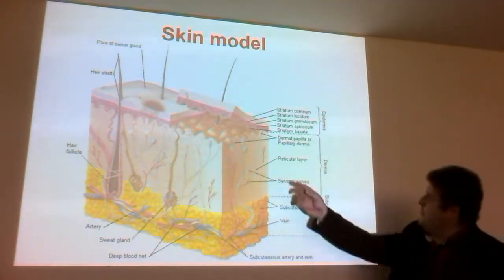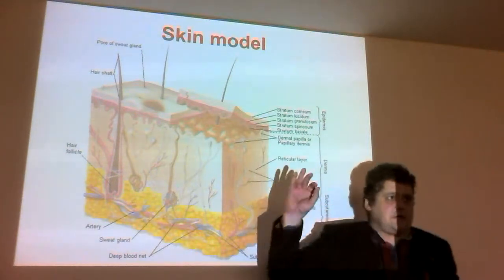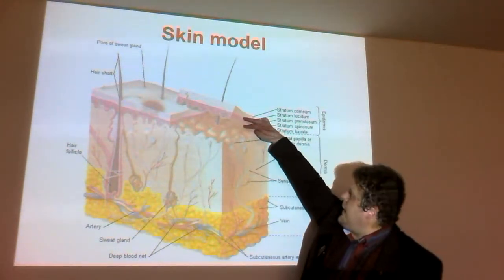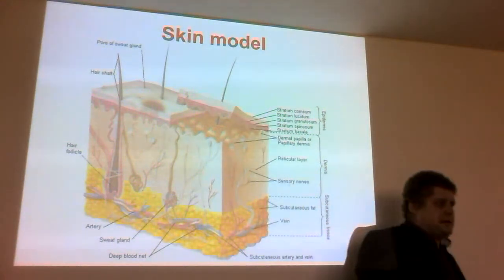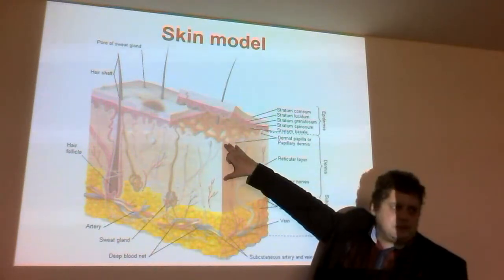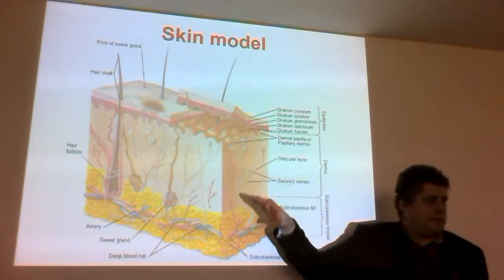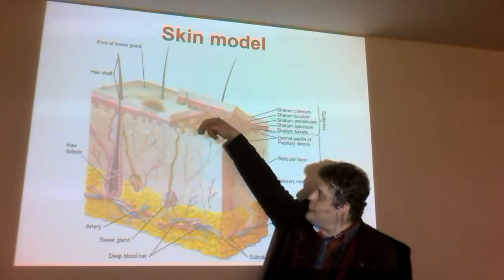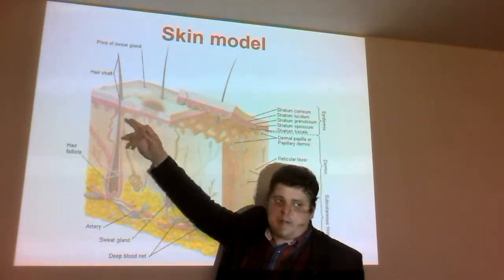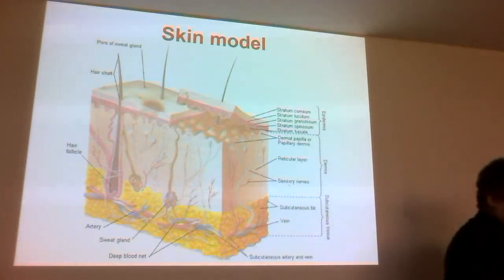In the stratum corneum, the refractive index is about 1.5, then here it is about 1.3, and the dermis is about 1.4. Thus, when light comes to the skin, it's not only scattered, it also undergoes multiple reflections and refractions on these rough boundaries.